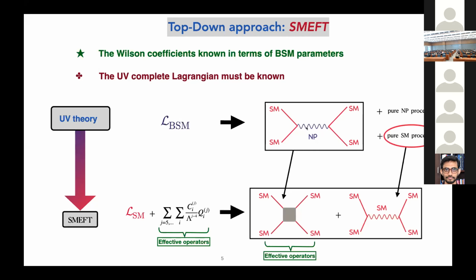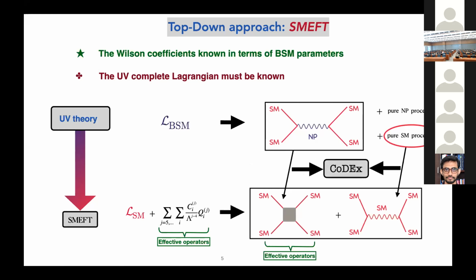So in that sense, from the parametric point of view, the operators could be independent, but the Wilson coefficients will be related to each other. And later in one example, we'll see how this parametric dependence in the Wilson coefficient space can matter for the bottom-up and the top-down approach.